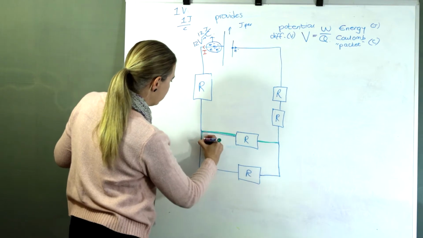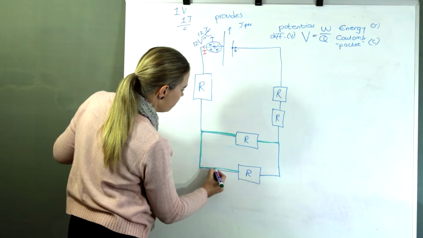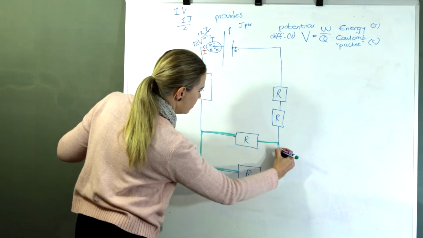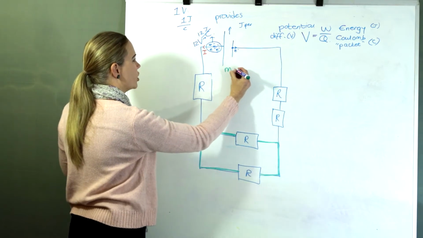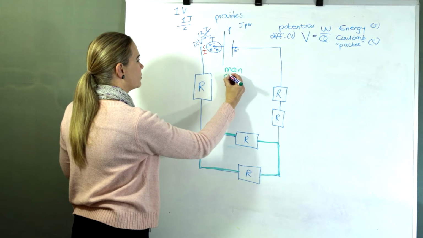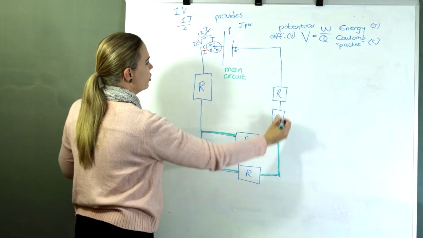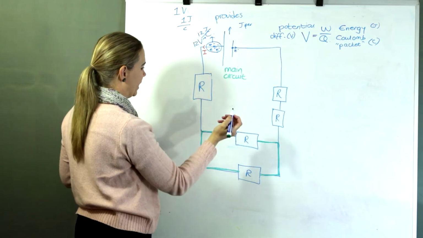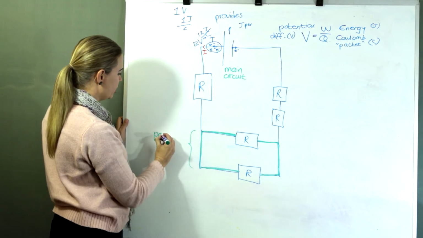So marked in green is the parallel, we call it the parallel combination. And the rest of the circuit is the main circuit. The circuit that flows through everything outside of parallel and through the battery. So that is the parallel combination.